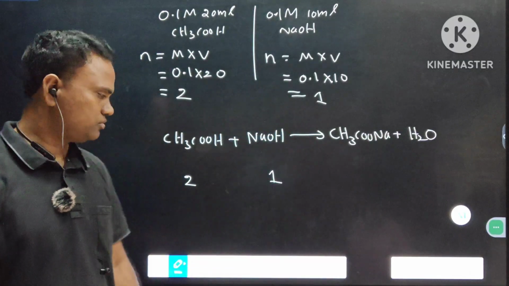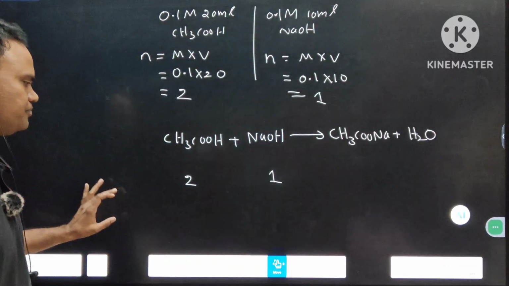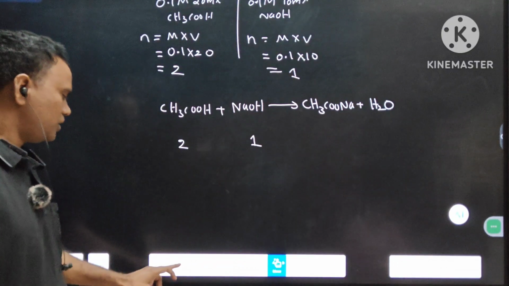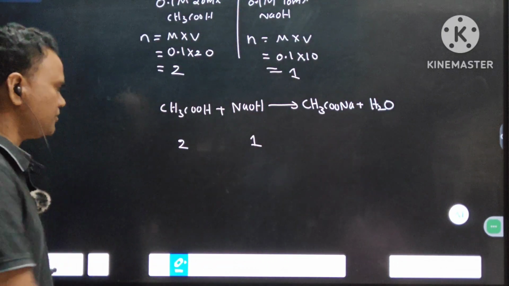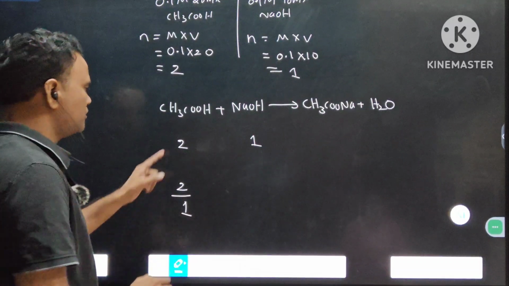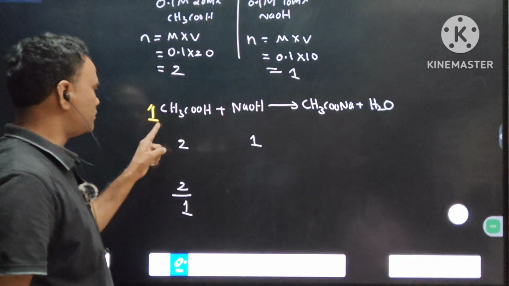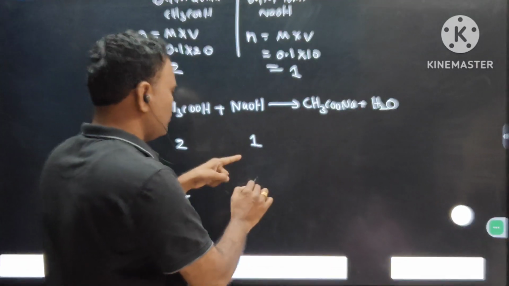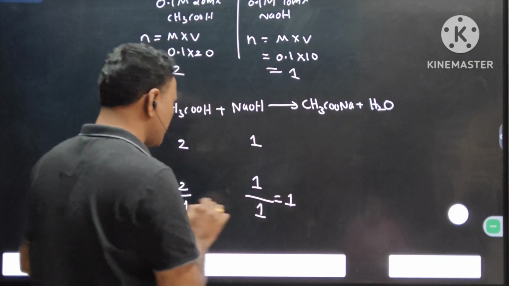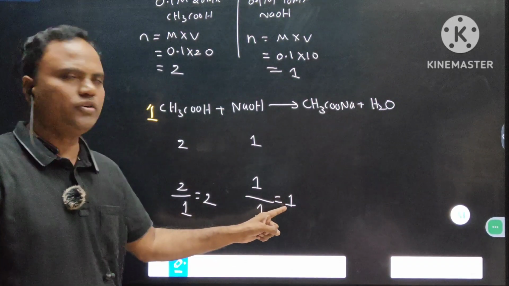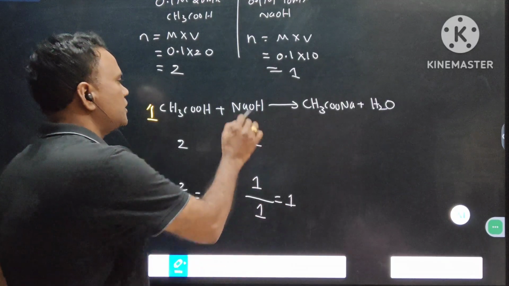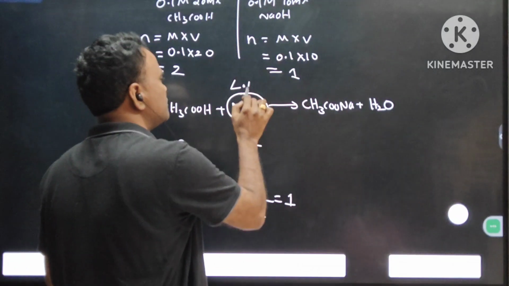Now what is the limiting reagent here? Sodium hydroxide or acetic acid? How to get the limiting reagent? Mole divided by coefficient. 2 moles, its coefficient is 1, so 2 by 1 is 2. Here 1 by 1 is 1. So which is the least value? NaOH is the least value. So NaOH is the limiting reagent.